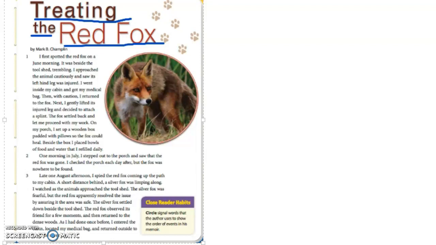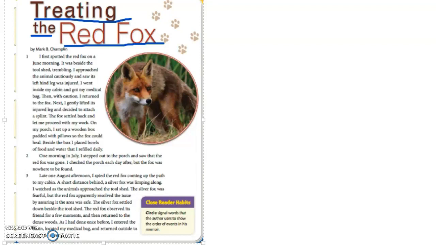The silver fox settled down beside the tool shed. The red fox observed its friend for a few moments, then returned to the dense woods. As I had done once before, I entered the cabin, located my medical bag, and returned outside to treat the silver fox.